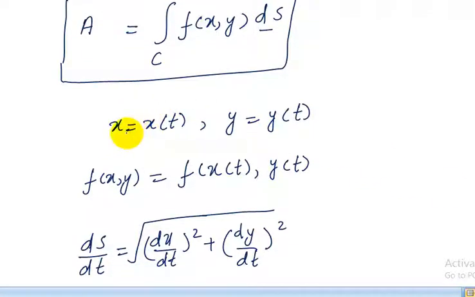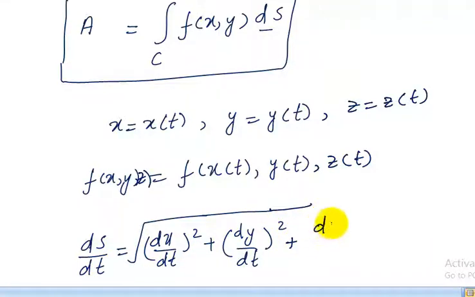And remember, if we have three variables x, y and z, and z is equal to z of t, then f of x, y, z becomes f of x t, y t and z of t. And then ds upon dt, for a function of three variables, includes dz upon dt whole square.